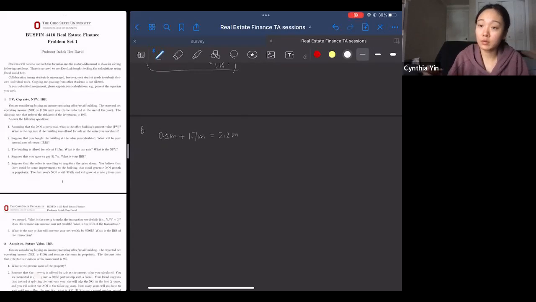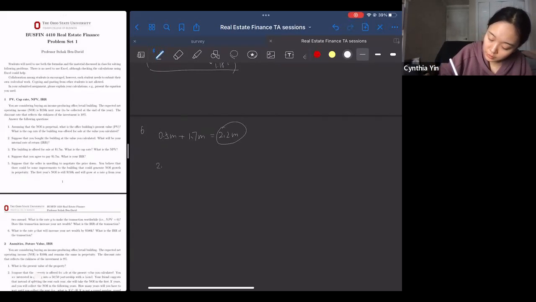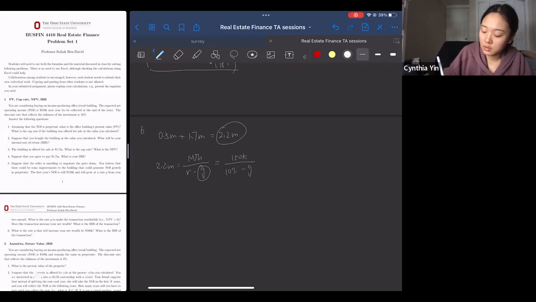So what you want to do is find a growth rate that will make the project worth 2.2 million. So how do you do that? When I say you want it worth 2.2 million, it means you should use the market discount rate, because that's the fair value. So 2.2 million equals NOI next period divided by R minus G. Still, G is the goal that you'll try to find. 150K divided by 10% minus G. So from here, we can get G is 3.18%.